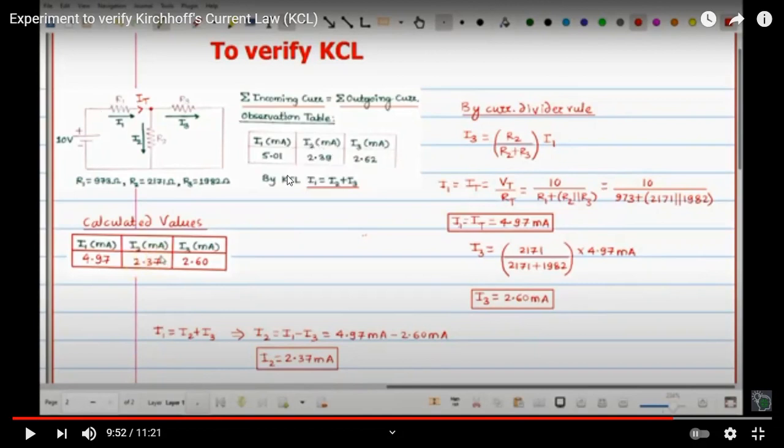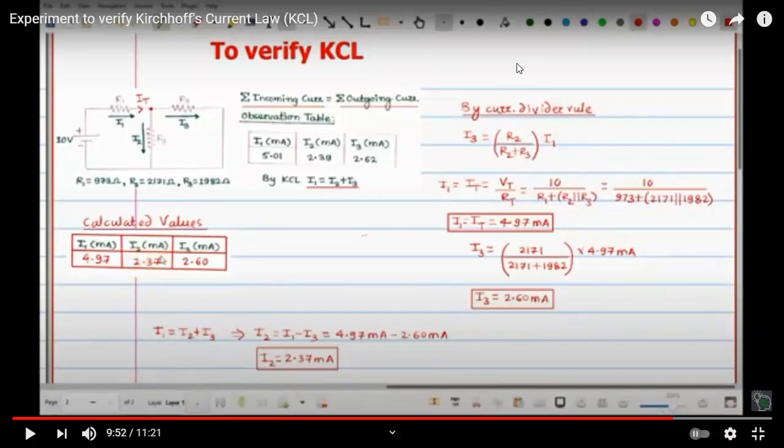And then you have calculated the same. So you can see both are approximately the same value, near about calculated and measured, and it satisfies the KCL as per this circuit, that is I1 is equal to I2 plus I3. In this way you can do it by a practical kit also.